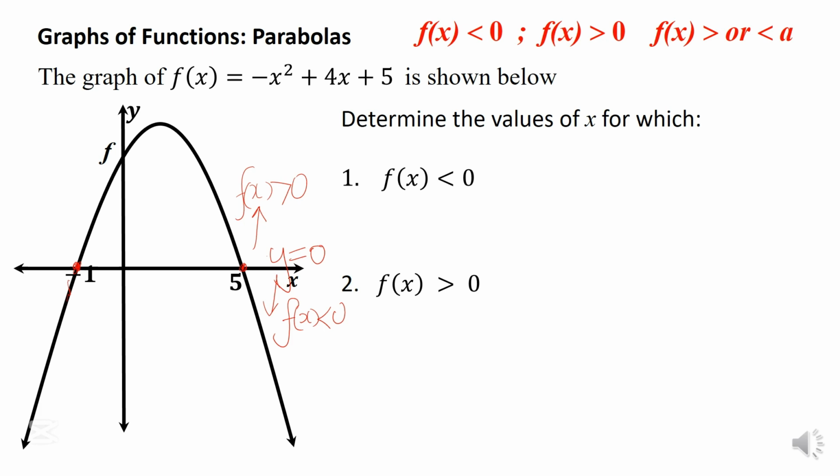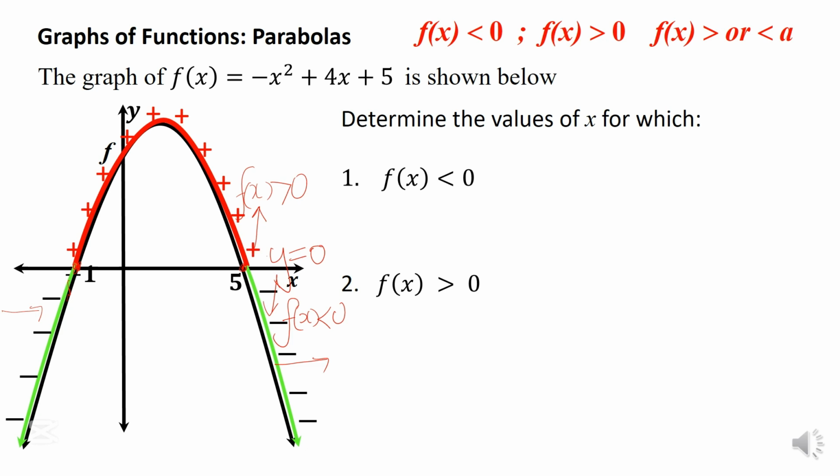From the left up to -1, the graph is below 0, and from 5 going to the right, the graph is also below 0. So those sections of the graph I've highlighted in green there, they are the ones that we are asking for. The ones highlighted in green, those sections are negative because they are below 0.